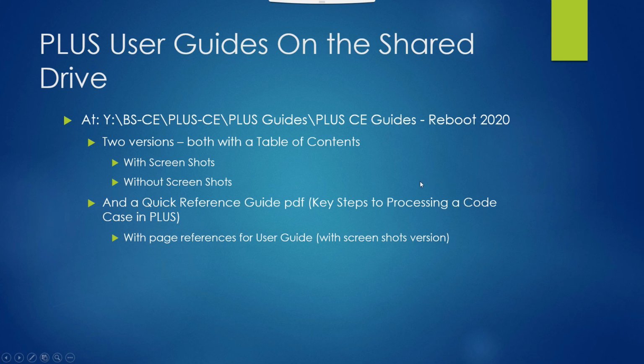The one has screenshots for those who like to have something specific to refer to. The other is without screenshots. There is a quick reference guide saved as a PDF which outlines where to find information on key steps to processing a code case in Plus specific to the user guide with screenshots.